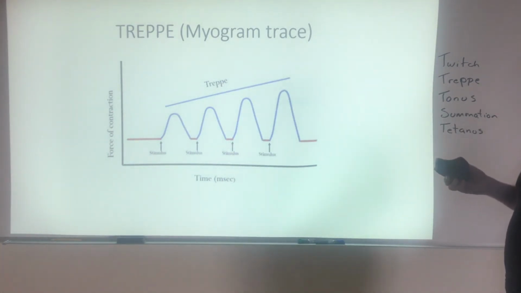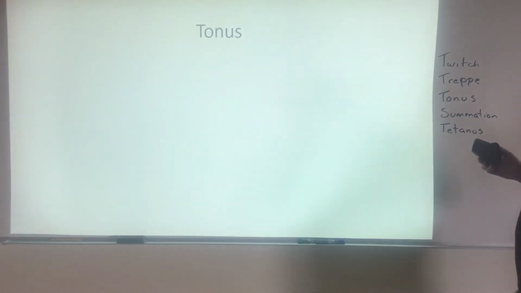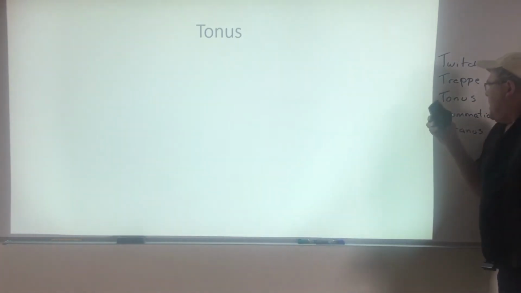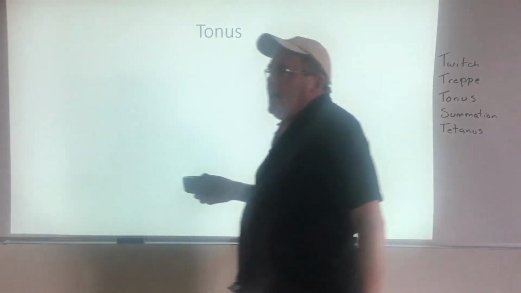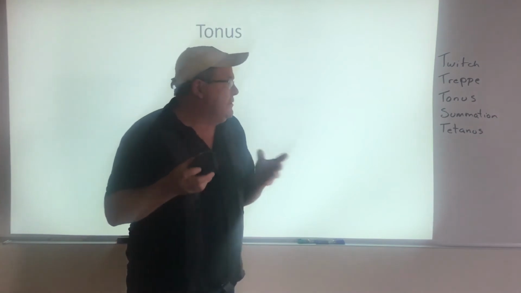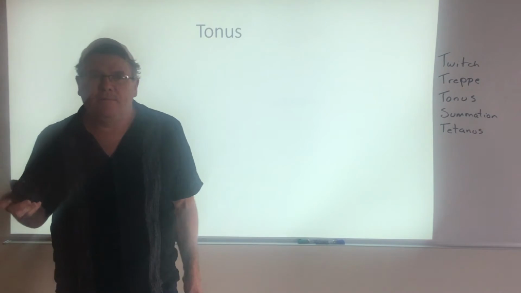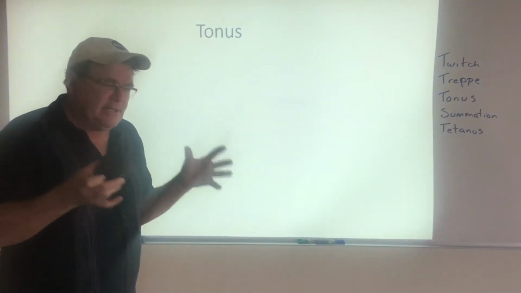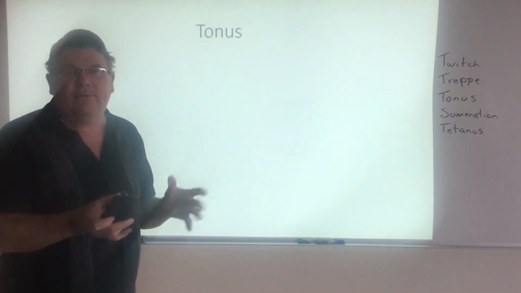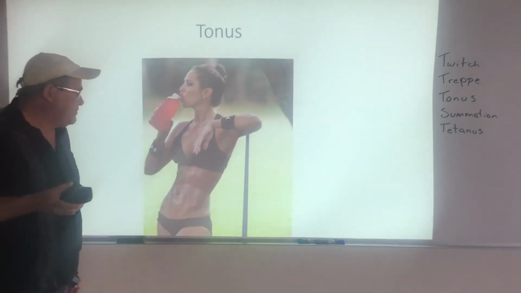Twitch, simple. Treppe, pretty simple. Tonus is another one that I think is pretty simple. I'm not going to show you a myogram on this one. But tonus: I've said a number of times, I need to lose some weight, I need to get toned. What does it mean to be toned? To be toned means that you have your muscles essentially at a maximum state ready for contraction. And this is an example of tonus.